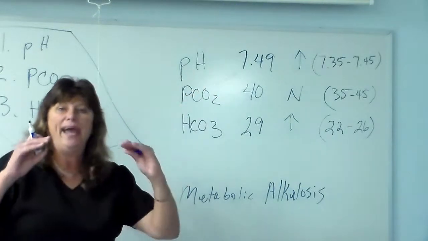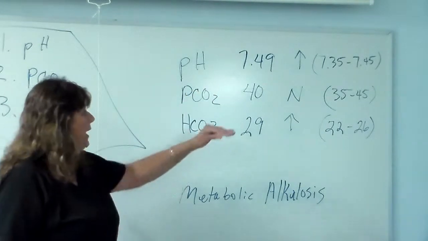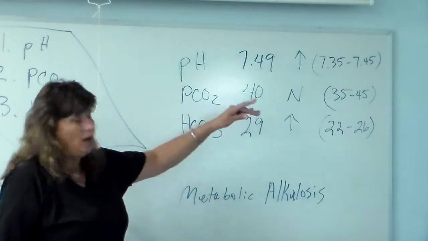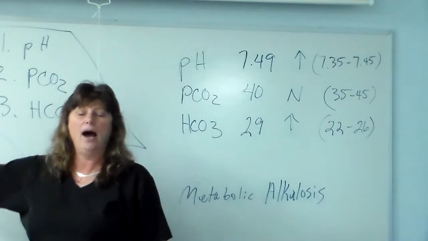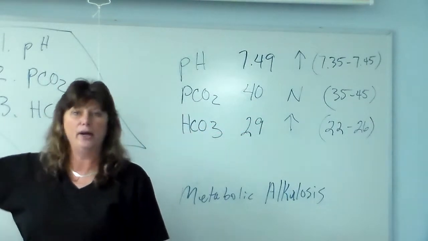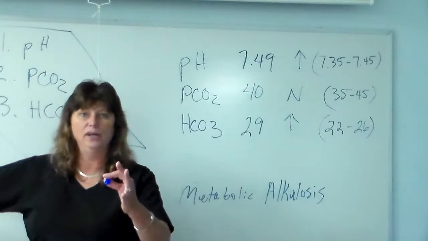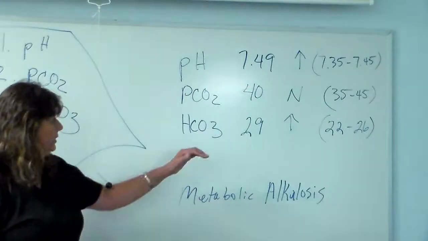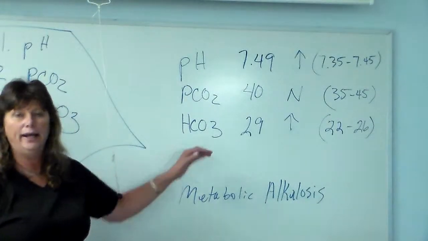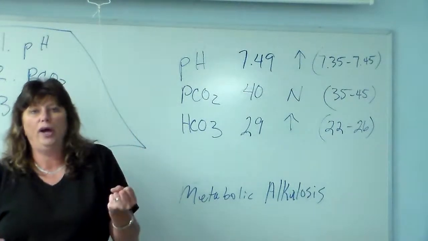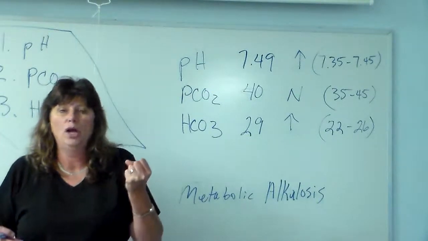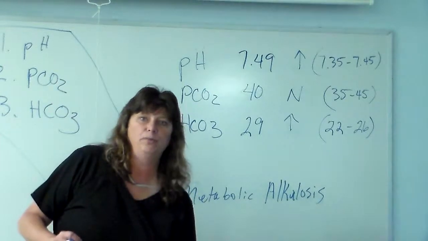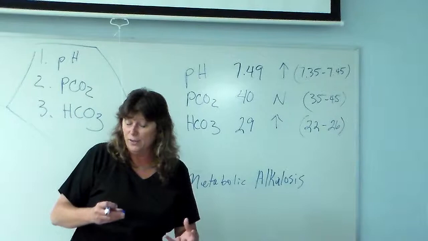Something has to give. Either we have to hyperventilate carbon dioxide off, which is an acid, to bring the pH back, or the kidneys have to kick in and excrete or hold hydrogen ions to bring the acid base back to balance.